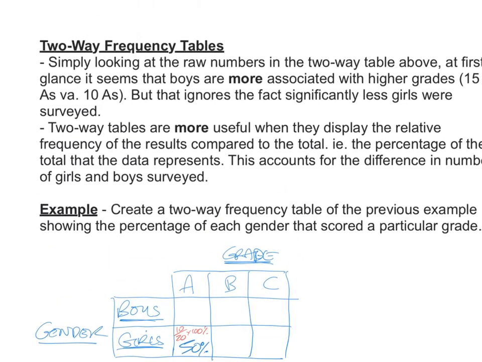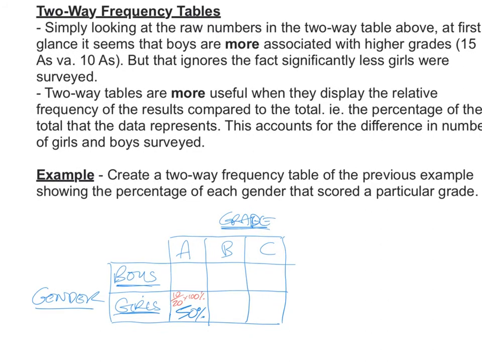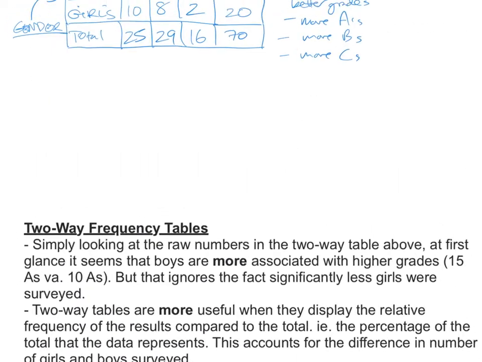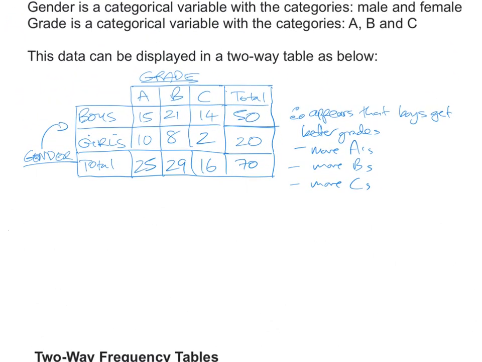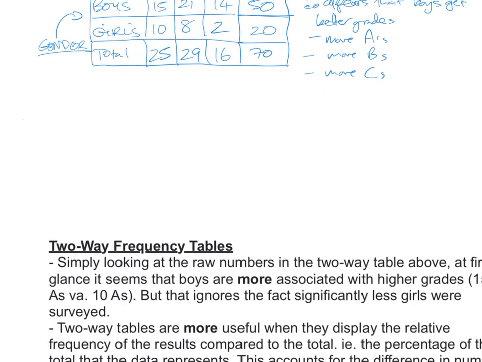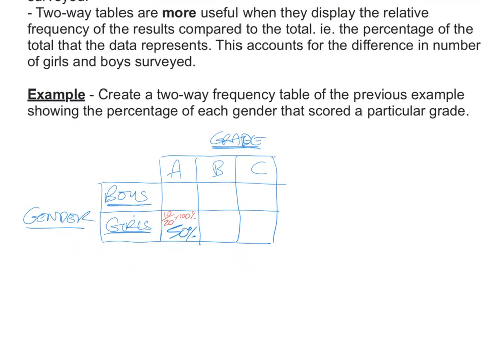Let's do the same thing with boys, showing the percentage of each gender that scored a particular grade. So we're looking at A's for boys. 15 boys out of 50 scored A's. 15 over 50 times 100%. That tells you that 30% of boys scored A's.